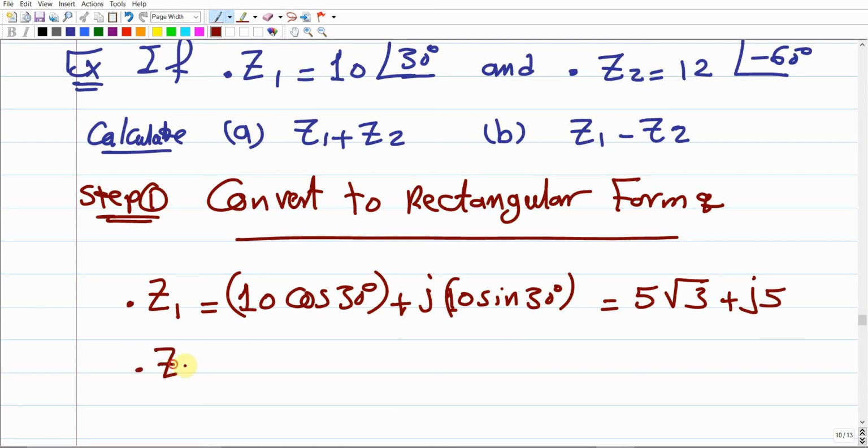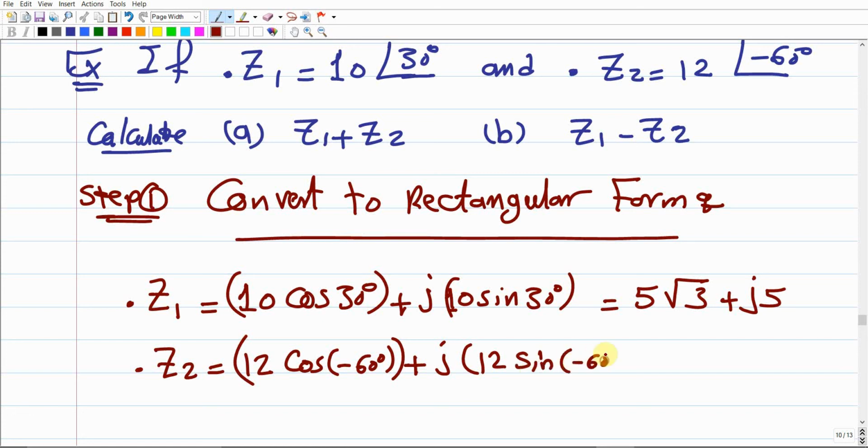Do the same for Z2. The magnitude is 12. The cosine of the angle, so it's going to be the cosine of negative 60 degrees. Remember the cosine gets rid of the negative sign, plus the j. The magnitude is 12, so this is the first real term, 12, the sine of negative 60 degrees.